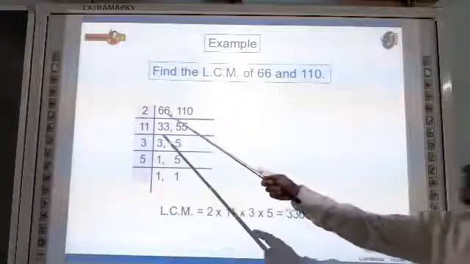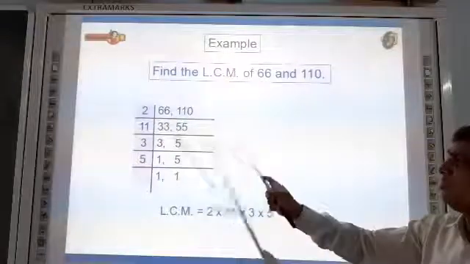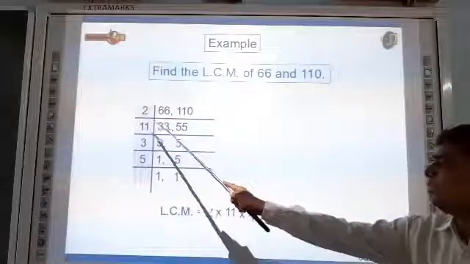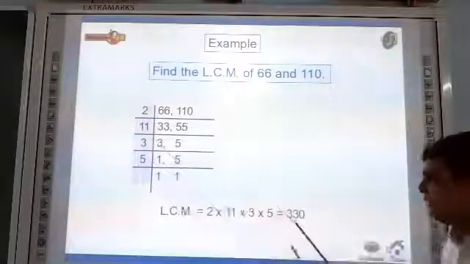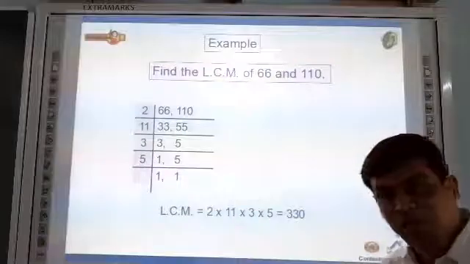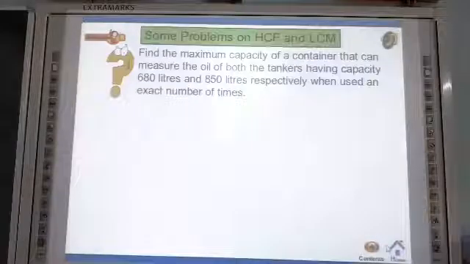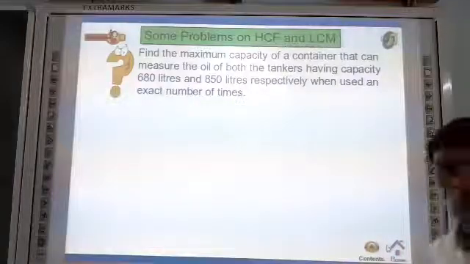Look, factors of 66 and 110, LCM is 2 multiply 11 multiply 3 multiply 5 is equal to 330. Okay, students.